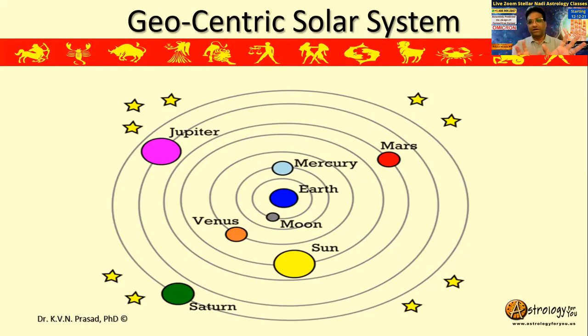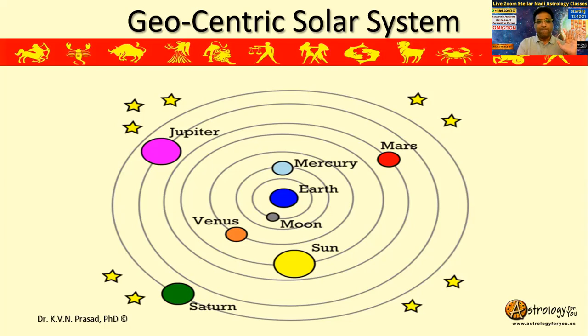The sun is there only; Earth is moving. If we say the sun is moving from Sagittarius to Capricorn, from Dhanushu to Makara, it is not that. It is the opposite: Earth is moving from Gemini to Kataka. That is why you see the sun moving, on the opposite side. So for us, it is the geocentric solar system that we consider for astrology.